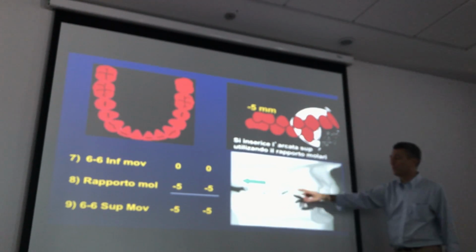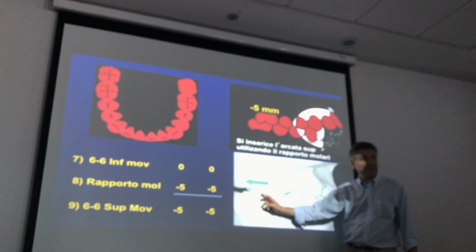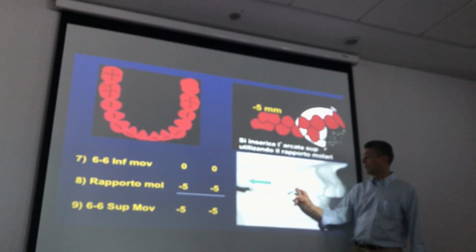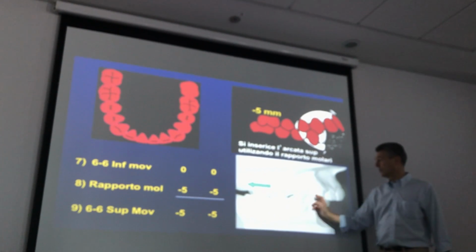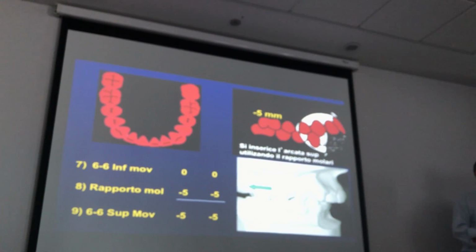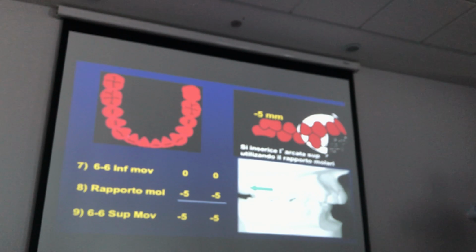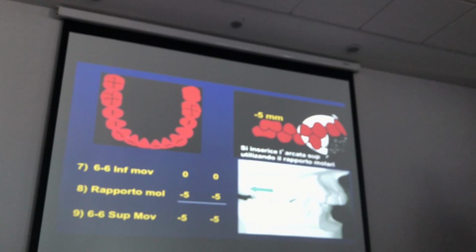Because if you put this here, in order to have a counterpoint with this, this has to be there. In order to have a counterpoint with this, that has to be there. And then at this point you have the incisors, and if they have the correct torque and correct bite, you can easily finish it.